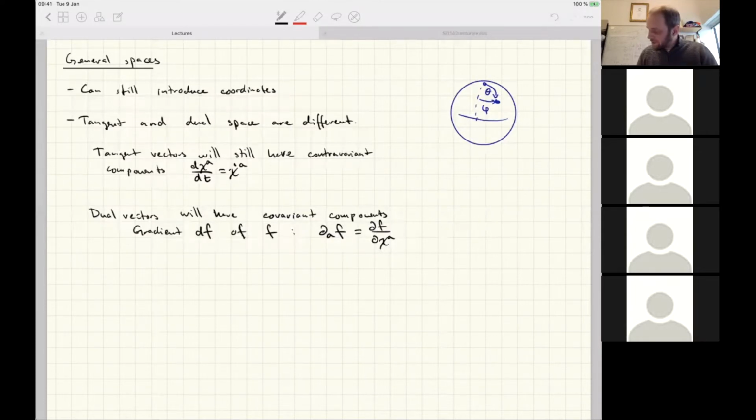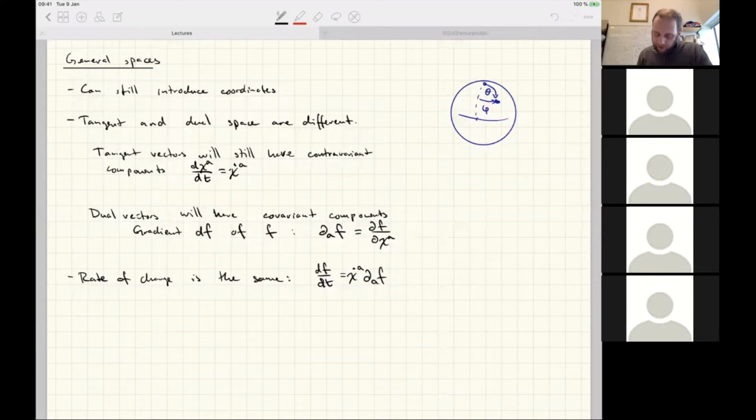It suffices to say that they act in a very similar way. However, the rate of change is still going to be the same. It's still going to be that the derivative of f with respect to t is going to be χ̇^a times ∂_a f. It's the same chain rule.